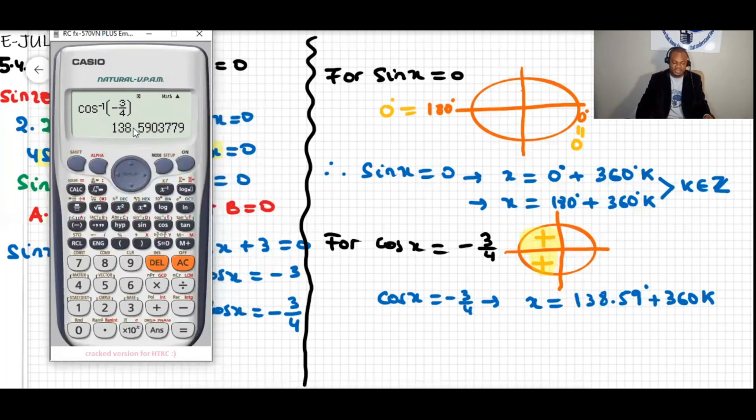I can just say minus 138.59 and then add the 180, and then I get the positive 41.41.